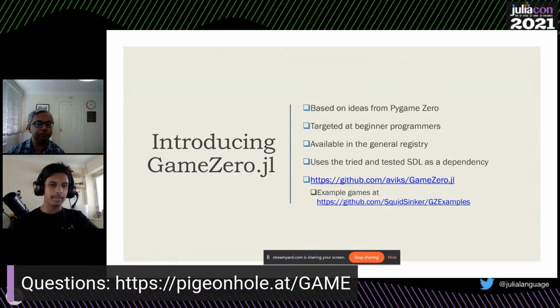It is based quite heavily on PyGameZero, which is a great example of what can be done with a package like this. And as a dependency, it uses SDL, which is a very well-known game engine and package which has been used to develop countless AAA games.